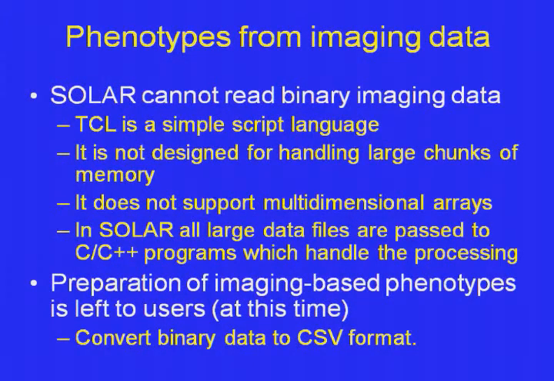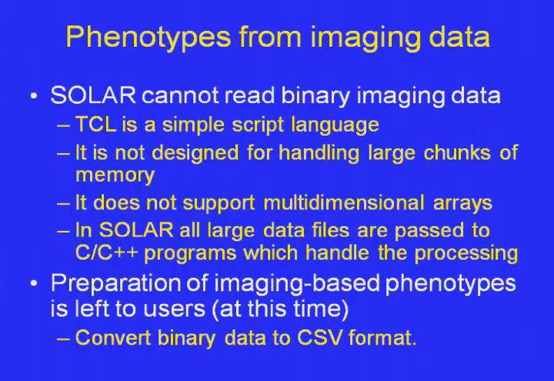Now, given that Solar can only read CSV files, we cannot expect it to read binary imaging data. Why is that? Because TCL is a very simple interpretive scripting language created back in the 1980s. It's not designed for handling large chunks of memory typically associated with binary data. It also does not support multidimensional arrays.